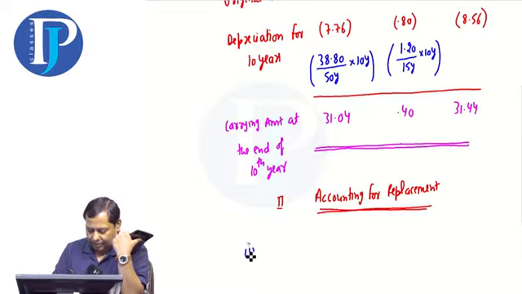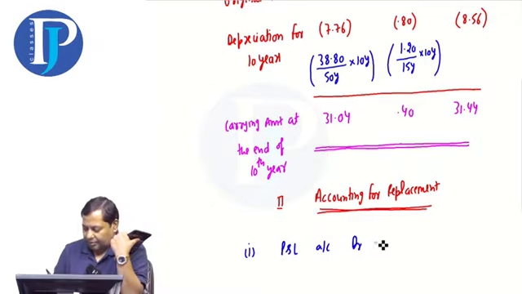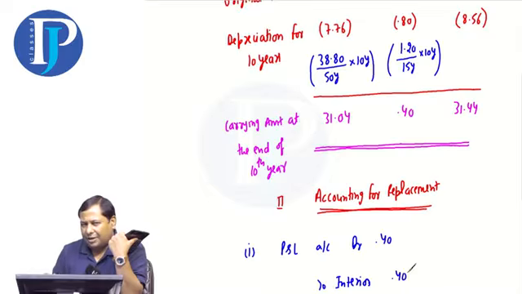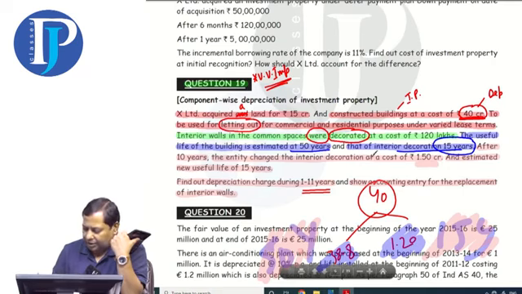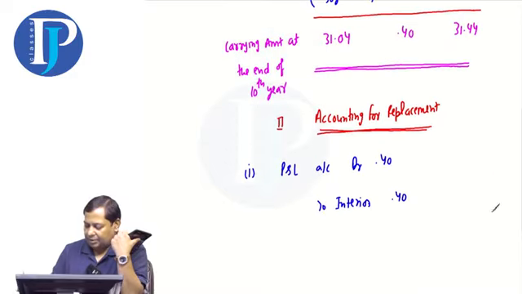And now here just pass the first entry. Profit and loss account debit 0.4, to interiors 0.4. Has there been any talk about scrap? Old interior was removed and some scrap was recovered. Is that right? Is there any scrap that we will get? No. No scrap was found. If scrap is not available, everything will be written off in P&L.